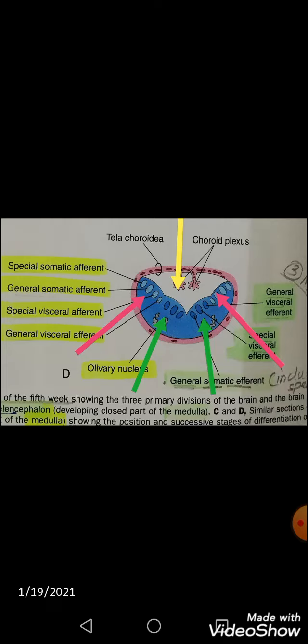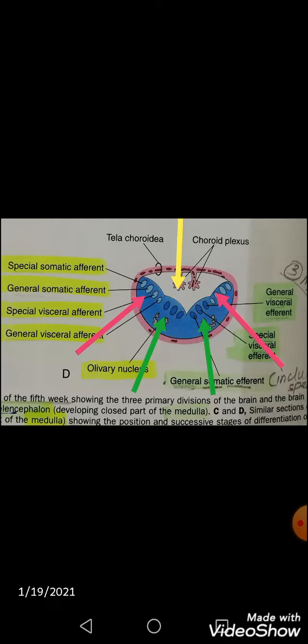Now another important thing which we must not miss is which components are particularly found in the spinal nerves as well, which are 31 pairs if you can recall. So there are 4 components particularly found there. They are general somatic afferent and general visceral afferent, then the general somatic efferent and the general visceral efferent.